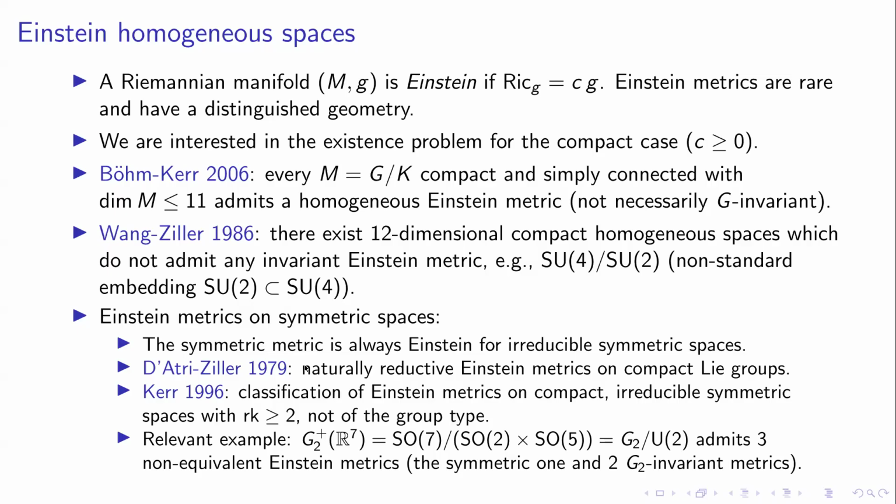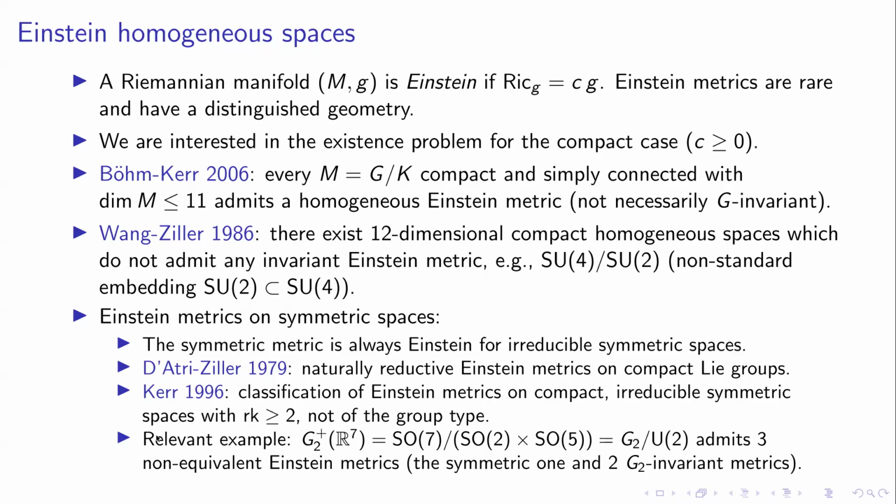They studied naturally reductive Einstein metrics, and naturally reductive Einstein metrics in compact Lie groups are covered in this paper. Also, there is this work by Kerr, where she gave the classification of Einstein metrics on compact irreducible symmetric spaces which are not of group type, completing the description started by D'Atri and Ziller.